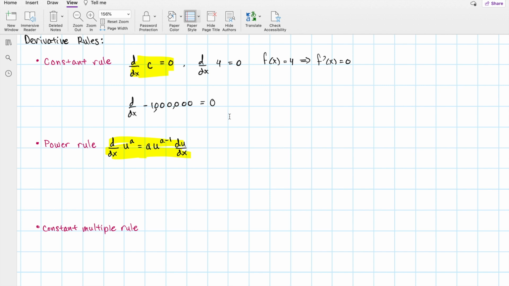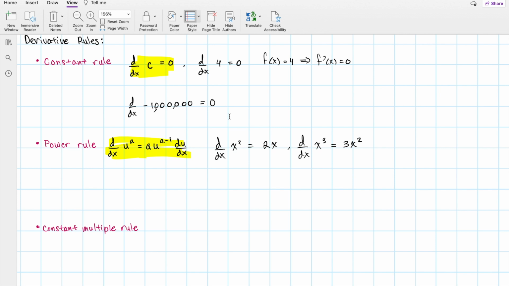So for example, if I had d over dx, so the derivative of x squared, it is going to equal 2x. Another example is d over dx of x cubed, which is going to be 3x squared. I hope you're starting to see a pattern.